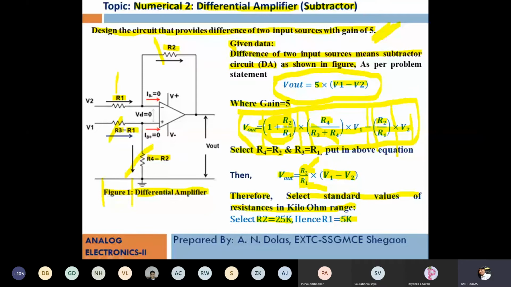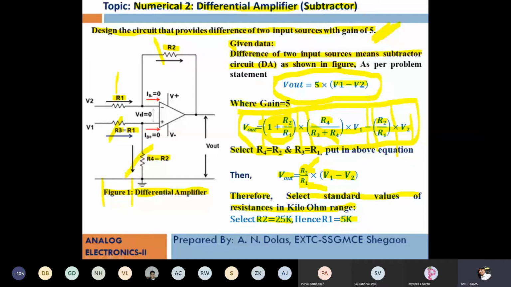So what we have seen till now: inverting summing operation and non-inverting summing operation, meaning addition, we have done. In this PPT, we have seen differential mode to subtract two quantities. So the subtraction operation is done.